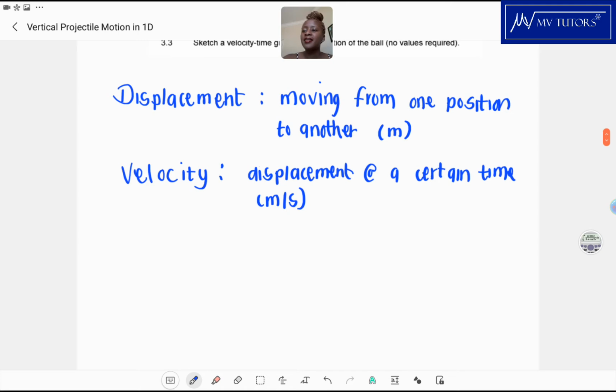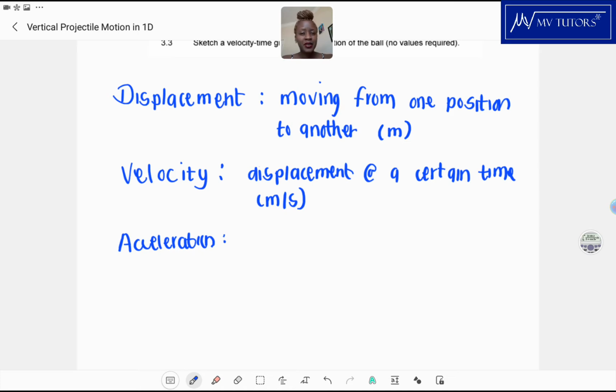Then we look at acceleration. Acceleration is the change in velocity. So let's say you're walking a distance of 5 meters and it takes you 5 seconds, so each step is a second. So 1 meter per second, that would be a velocity.